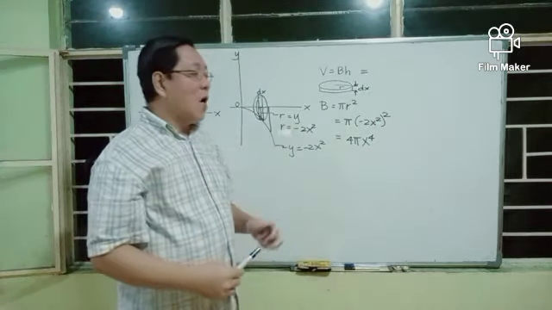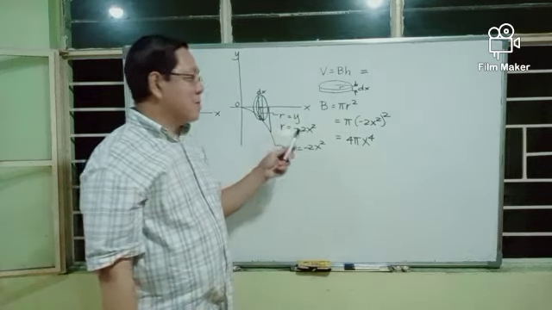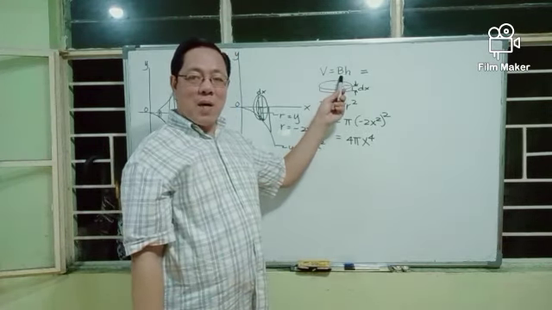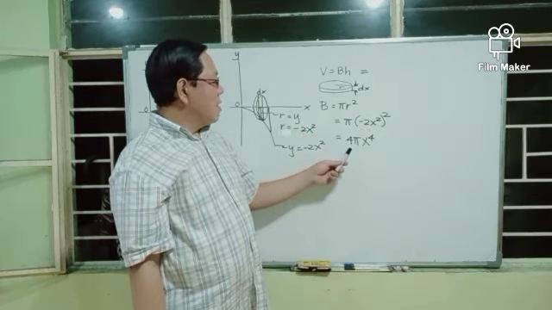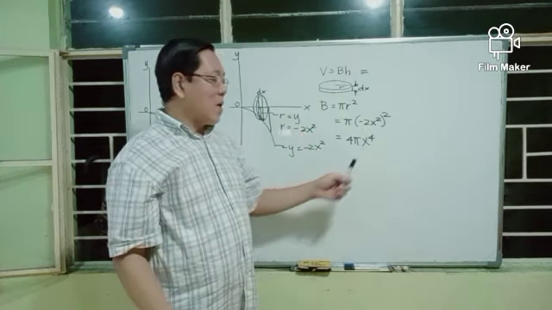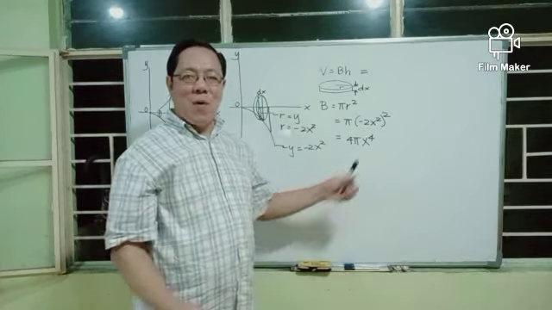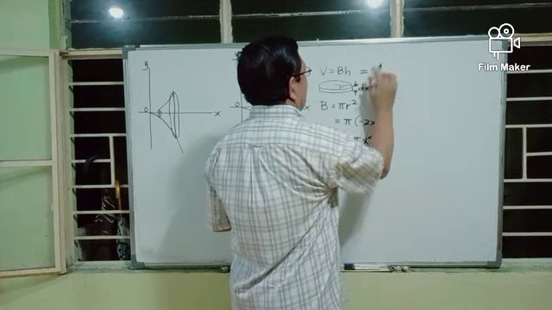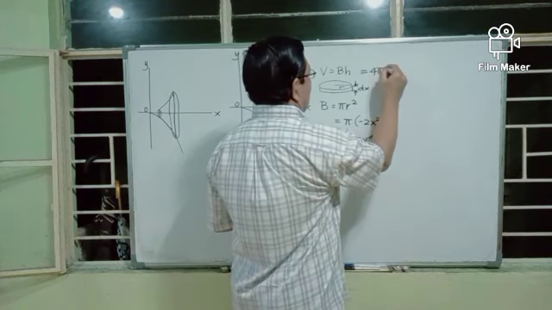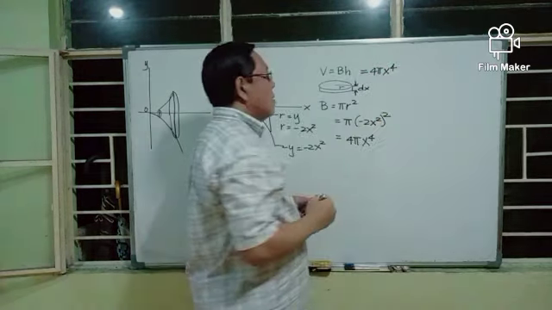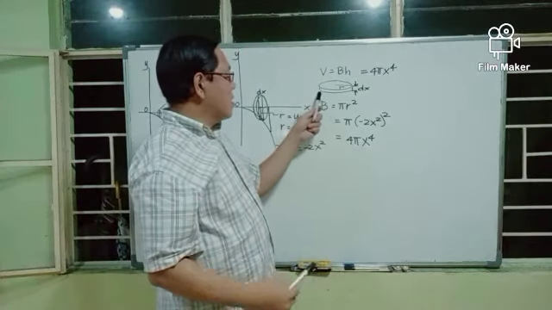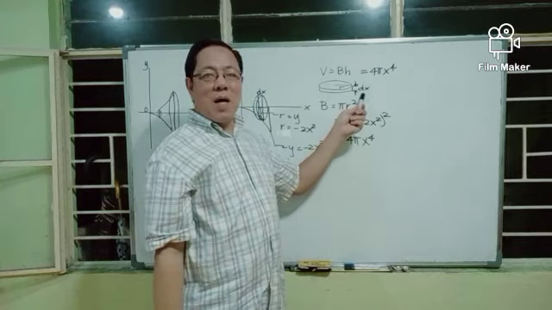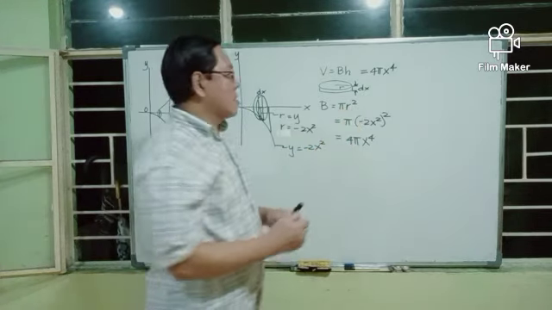Therefore, the volume of this particular disk is given by the area of the base, the area of the circle, given by 4 pi x to the 4, multiplied by the height of this cylinder or the thickness of this disk, given by dx, or differential of x.